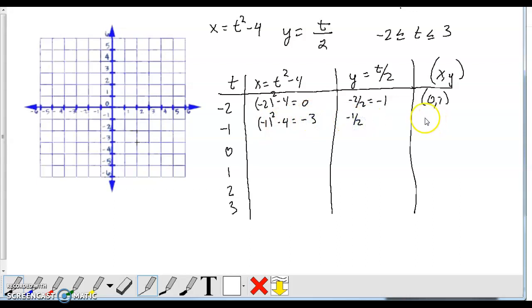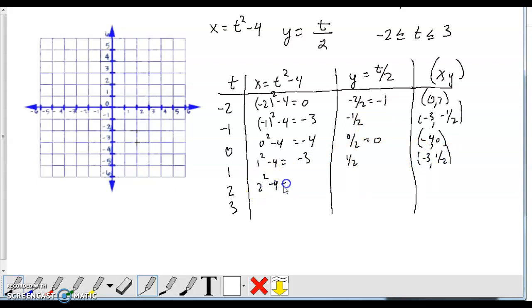And -1 over 2 is -1/2. 0 squared minus 4 is -4, and 0 over 2 is just 0. 1 squared minus 4 is again -3. 1 over 2 is a positive 1/2 this time. 2 squared minus 4 will be 0, so it repeats here. 2 over 2 gives me a positive 1. And then 3 squared minus 4, so 9 minus 4 is 5, and 3 over 2 is 1.5.